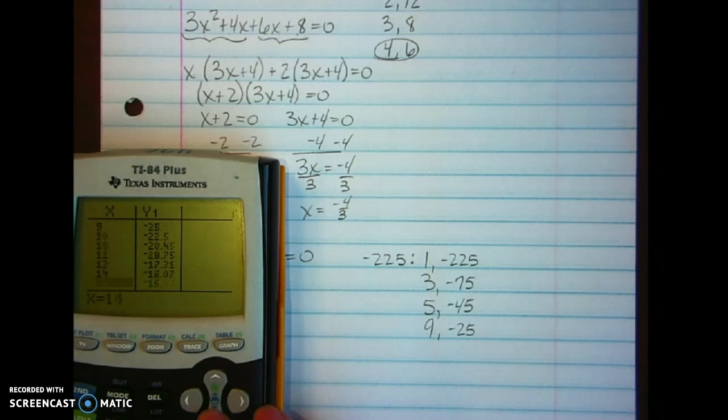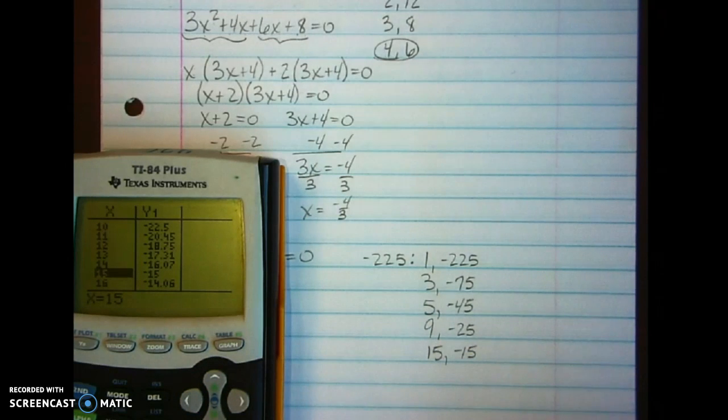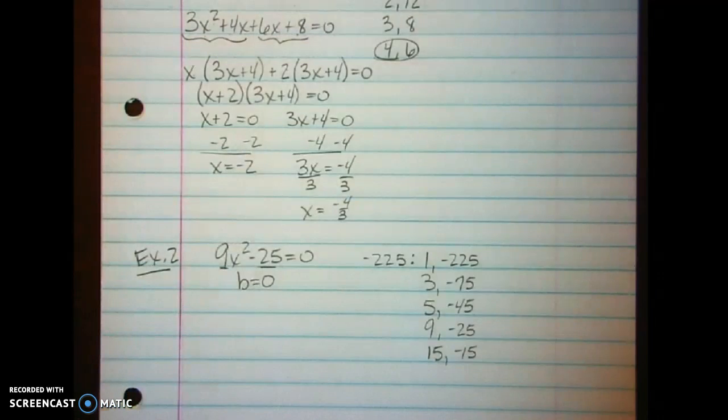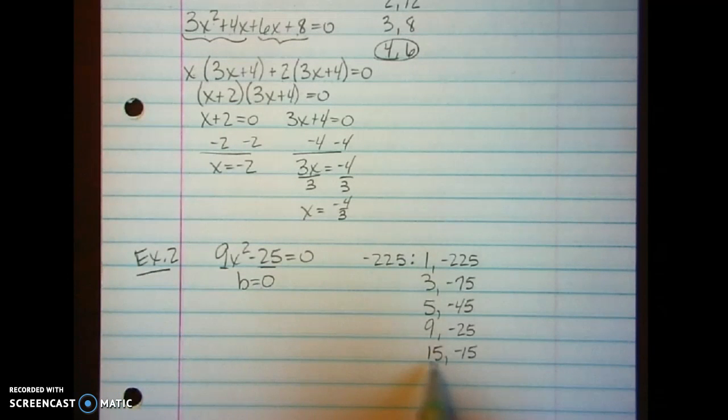And again, notice I'm only using the whole numbers. And I've got positive 15, negative 15. And since they're both the same, if I continue going in the list, I'm going to find that those numbers start to repeat. The next one is going to be 25 and negative 9. Now I need to find the pair that adds up to my middle term, which we said was 0. Well, that would be positive 15 and negative 15.